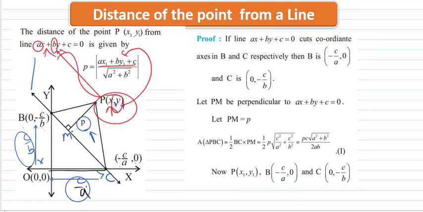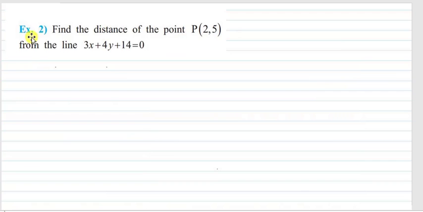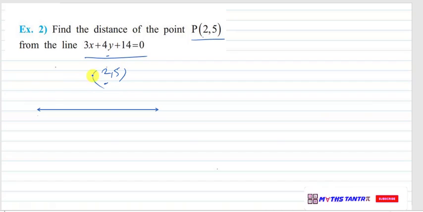Let's take an example to understand this. Here they are asking you to find the distance of the point 2, 5 from this line. What I just said, just put the values in. Let's suppose this point is 2, 5 and this is the line. You want to find this perpendicular distance.